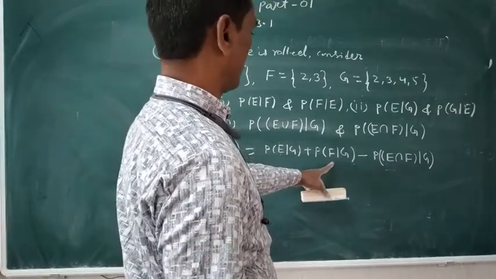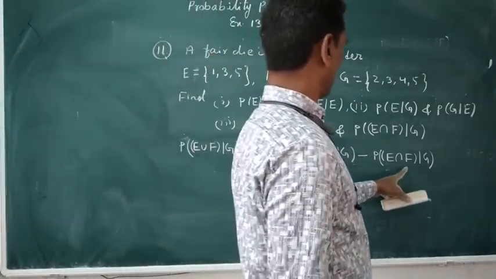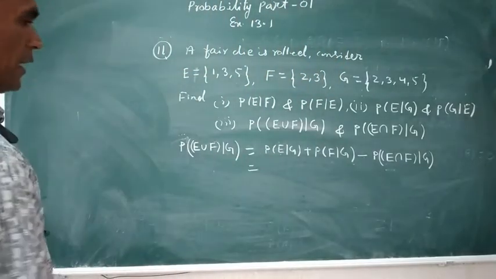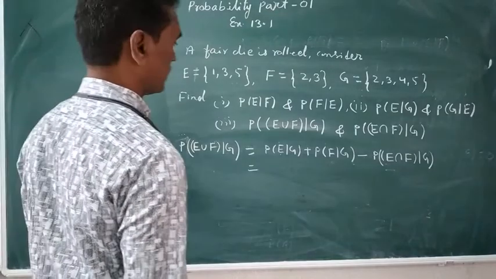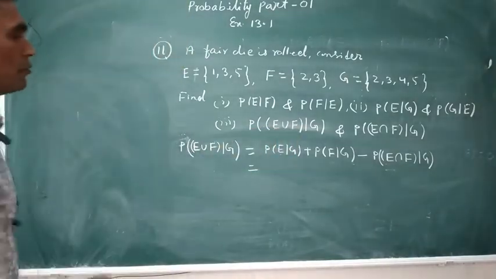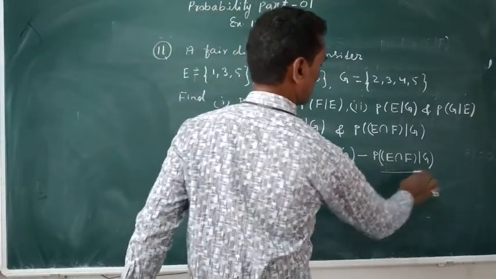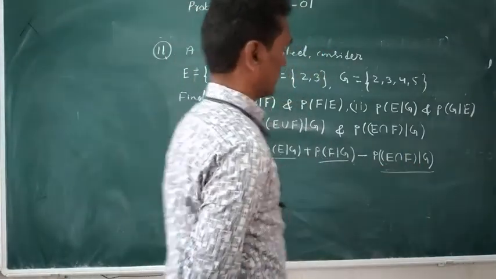So this also we have to find, and after that this probability of E intersection F given G. So one by one, we will find this value and this value.